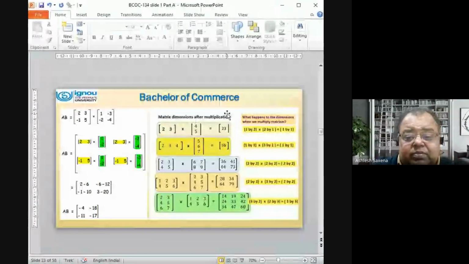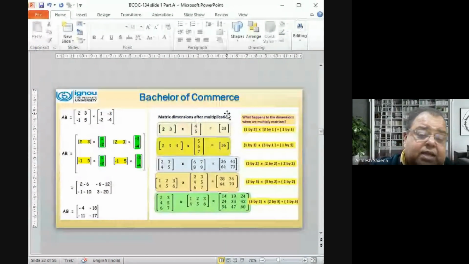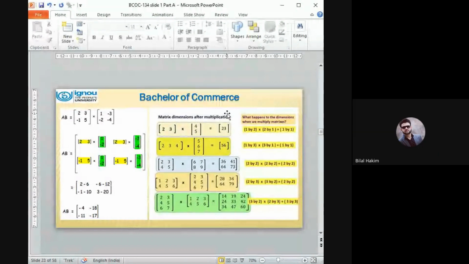If a 2 by 3 matrix is multiplied by a 3 by 2 matrix, or 3 by 2 multiplied by 2 by 3, it will be a 3 by 3 matrix. Is that clear? Yes. Okay.